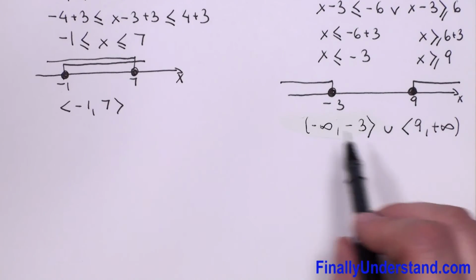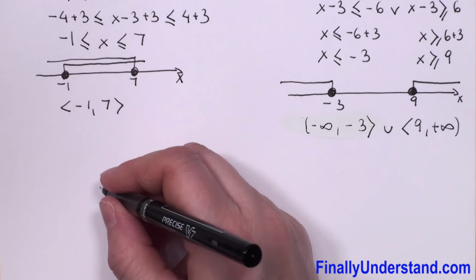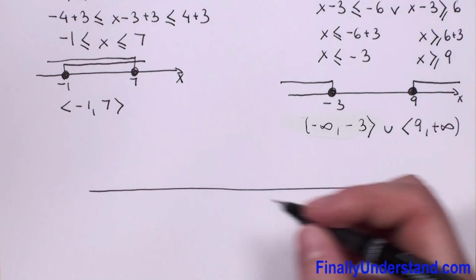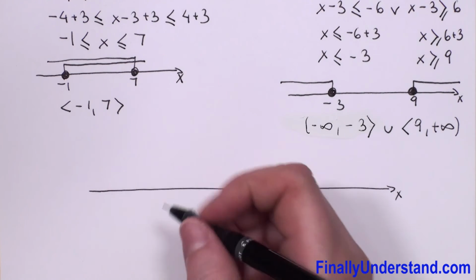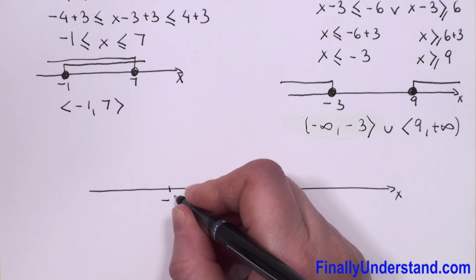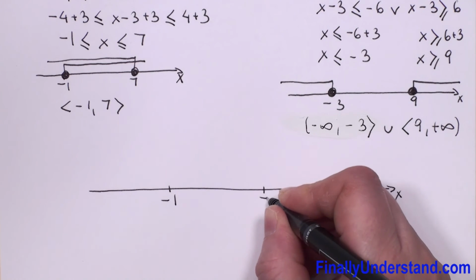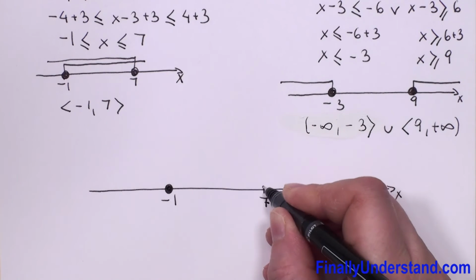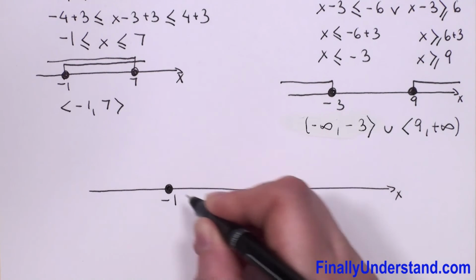Now we have to put together these two solutions. We have negative 1 to 7, the first interval, where negative 1 and 7 are included.